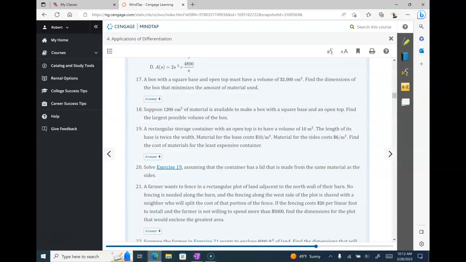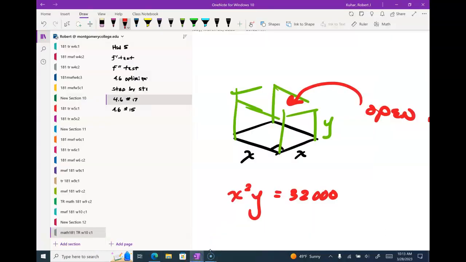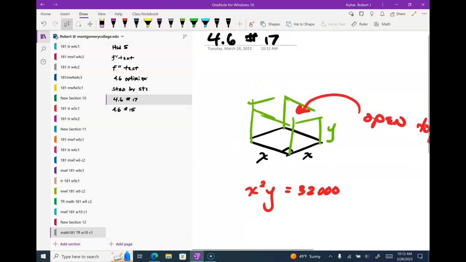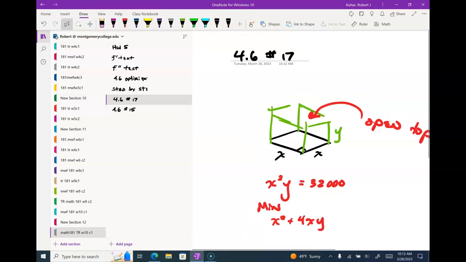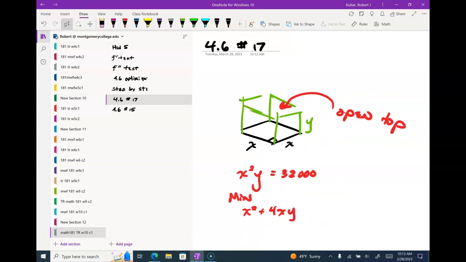I want a box that minimizes the amount of material. So the question is, how many sides do I have here? You agree 5 sides? And one side is x by x, and the other sides are x by what? X by y. So I want to minimize x squared plus 4xy. There's my expression.